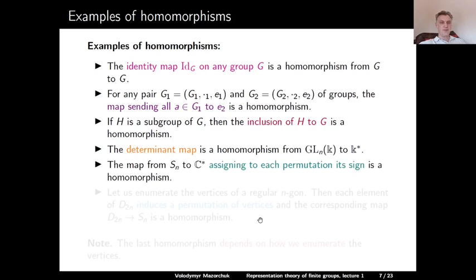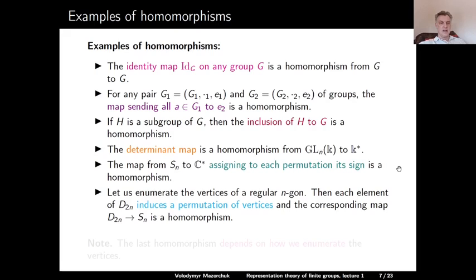Next example, the map from the symmetric group Sn to the multiplicative group of non-zero complex numbers, which assigns to each permutation the sign of this permutation, is a homomorphism. And the last example, let us enumerate the vertices of a regular n-gon in some way by elements from 1 to n.